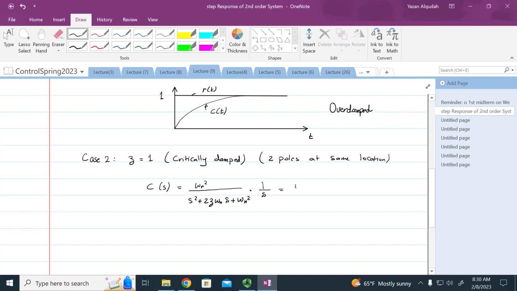And we can write this as omega n squared divided by (s plus omega n) squared, multiplied by 1 over s, because zeta is equal to 1. Together, (s plus omega n) squared is equal to s squared plus 2 omega n s plus omega n squared. So I can write this in this form.